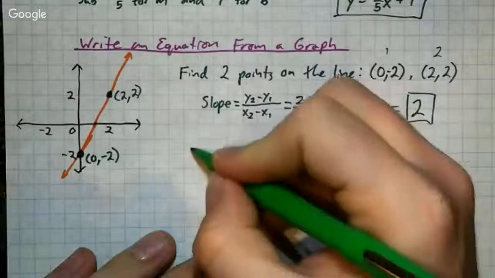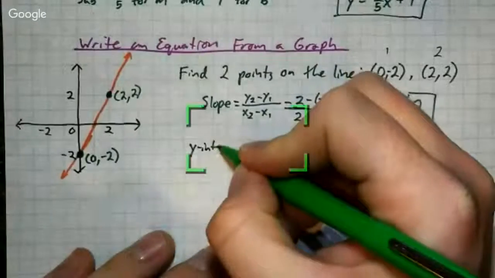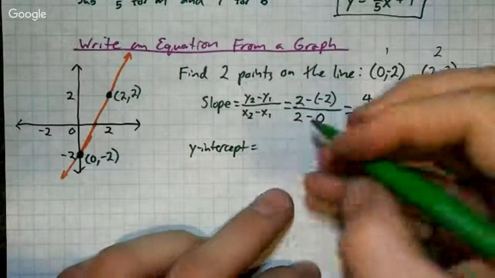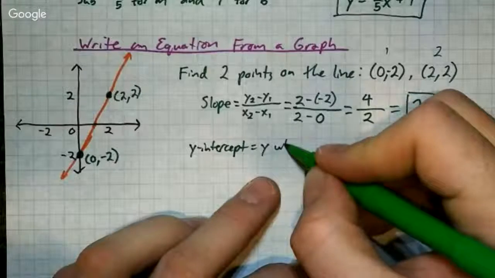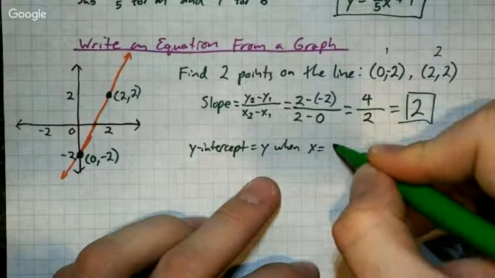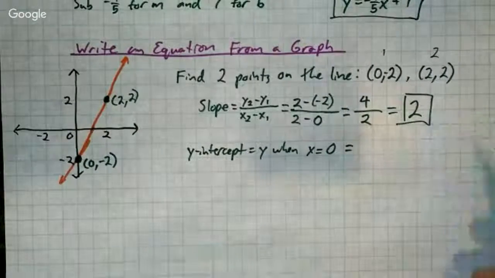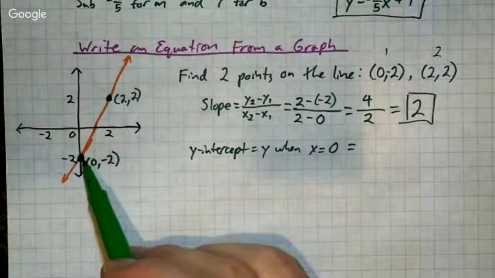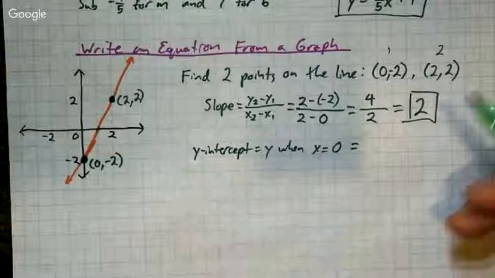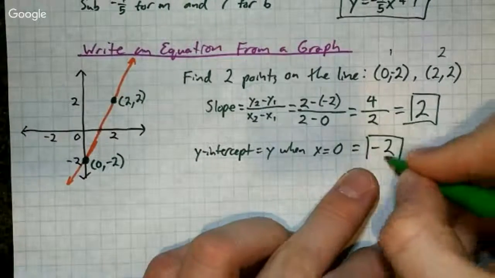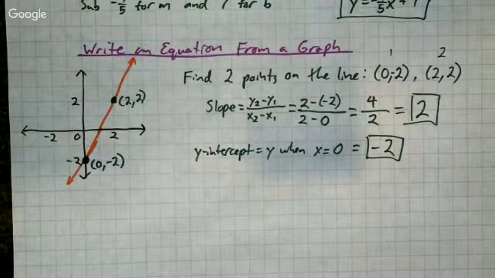Then we need to find the y-intercept. And y-intercept is the y when x equals 0. So I look over here, x is 0 right here. I can see where it crosses, I already have it. It's going to be -2. So I have my slope and I have my y-intercept.